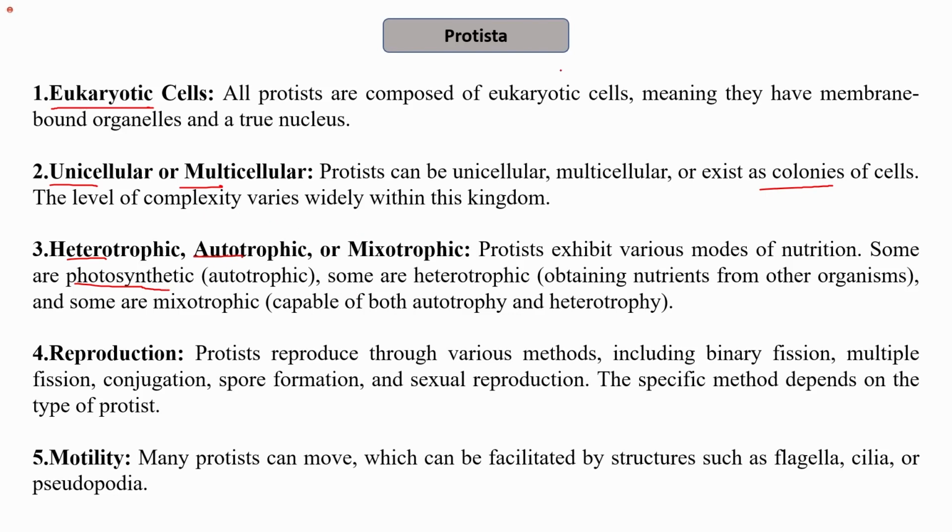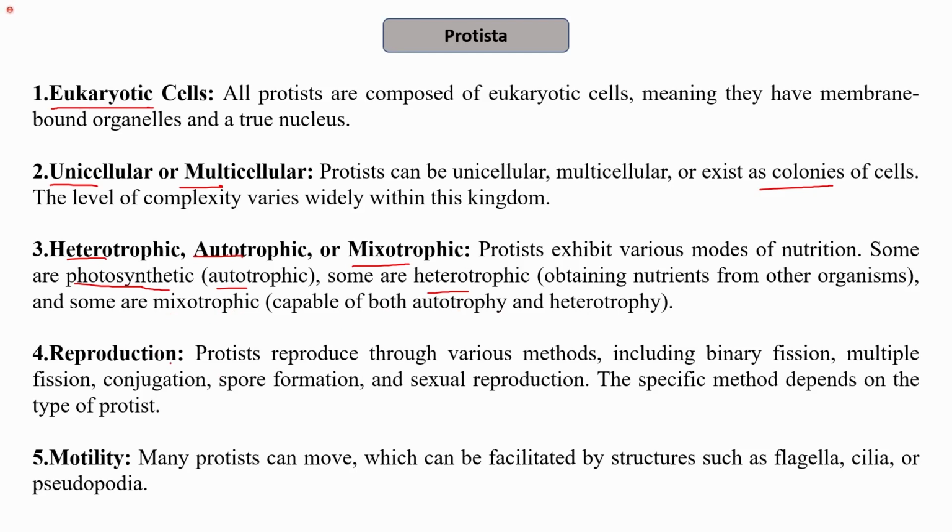Or they may be mixotrophic. Mixotrophic means they can be both autotrophic as well as heterotrophic depending on their condition. So protists exhibit various modes of nutrition. Some are photosynthetic, that is, autotrophic, while some are heterotrophic, obtaining nutrients from other organisms, and some are mixotrophic, capable of both autotrophy and heterotrophy.